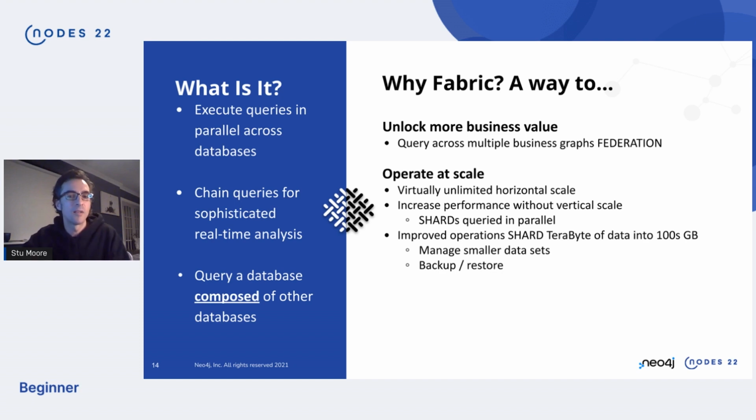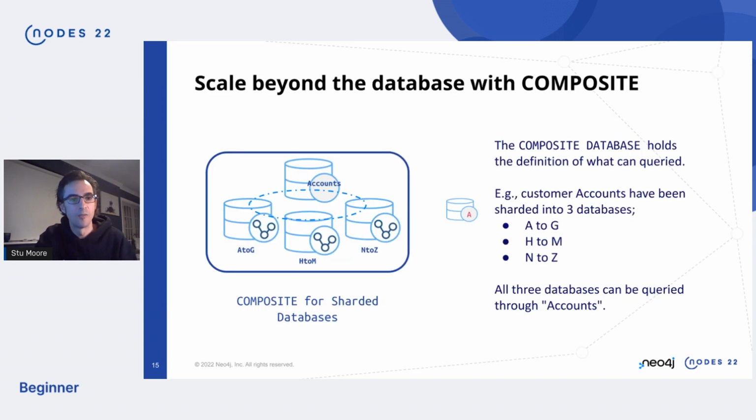The other is around scale, enabling you to take a multi-terabyte database and shard it. So separate the data into individual databases that might be easier to manage than performing backup and restores on multi-terabyte data. Again, querying those shards is all done in parallel.